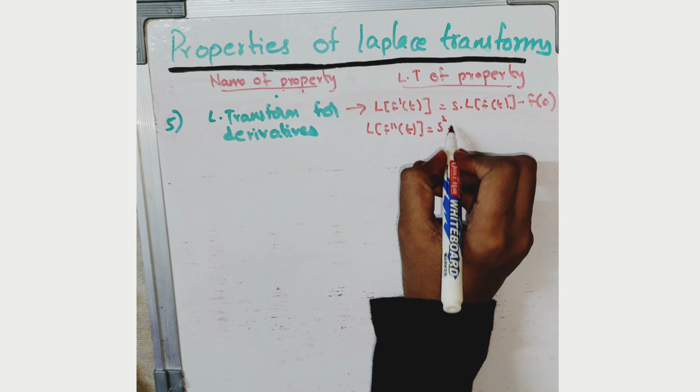Similarly, and so on till the nth derivative of f of t is equal to s power n into Laplace transform of f of t minus s power n minus 1 into f of 0 minus s power n minus 2 into f dash of 0 and so on till f power n minus 1 of 0. So this will be the Laplace transform of derivatives.